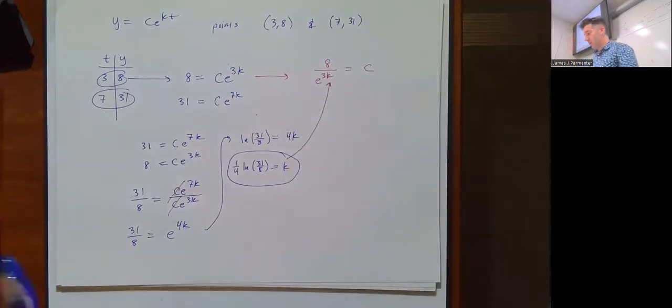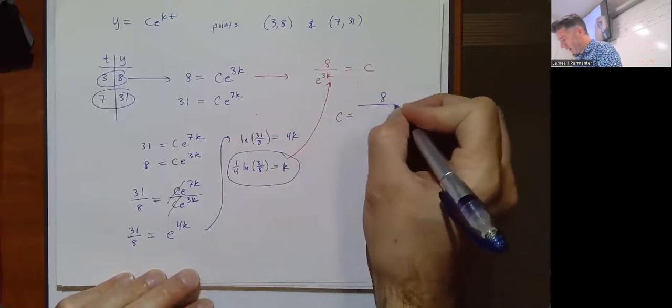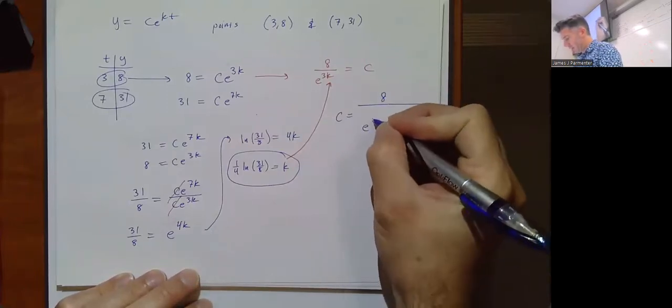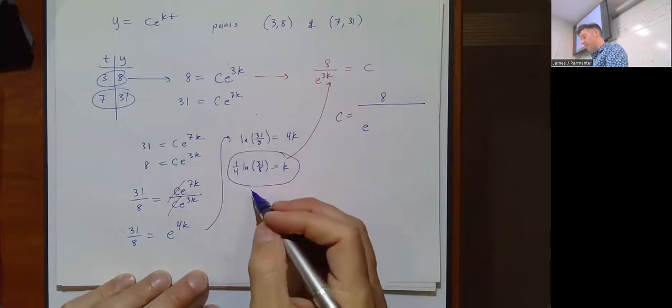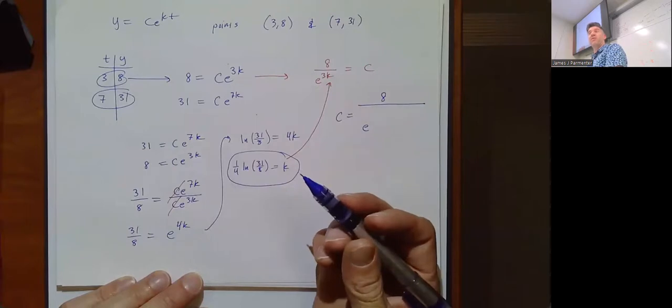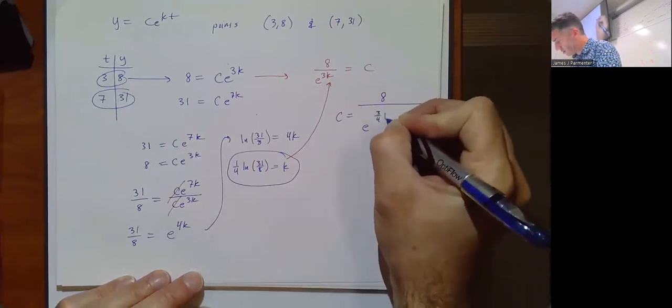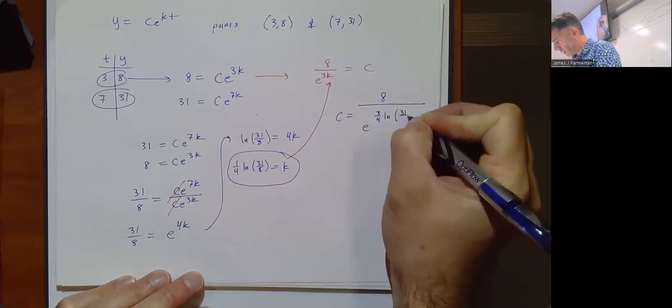It's not going to be lovely, but c is going to equal 8 divided by e to the 3 times all that. I would probably look at this and say, oh, 3 times 1/4 is 3/4. So I would say I'm going to have e to the 3/4 natural log of 31/8.